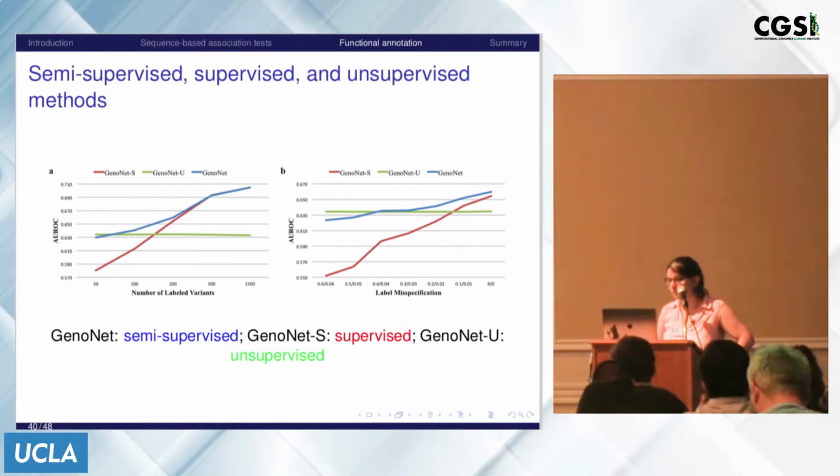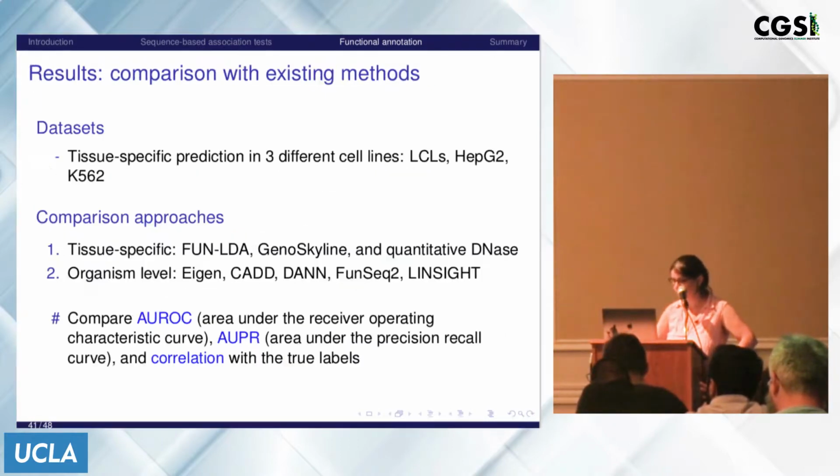So that's something to bear in mind, because at this point in time we are towards the left part of these plots, where we have a low number of labeled variants and not great accuracy. So in those cases, these unsupervised or semi-supervised approaches actually can work better.